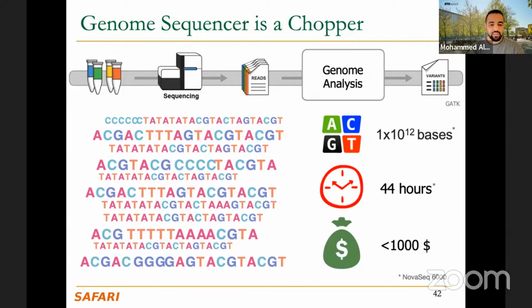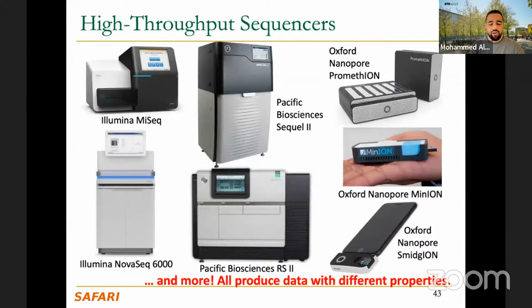We have a large number of really different machines that can give you insights or be used for different applications. For example, you can process multiple samples in these devices, normally 24 or 48. And here you can process only a single sample with very low throughput.